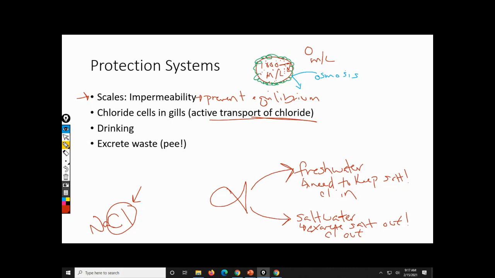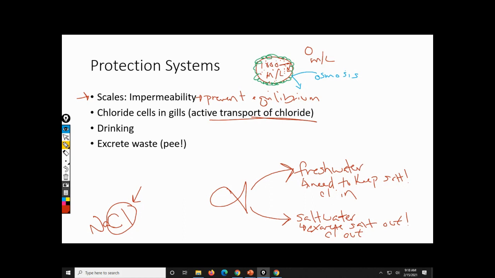Is that the same kind of process as breathing, like going into the mouth and pushing out? Yes, so the question is whether this is happening via the same process as they're breathing. This is occurring at the same time. These are just special cells that, while they're breathing, are saying, are we keeping the salt?